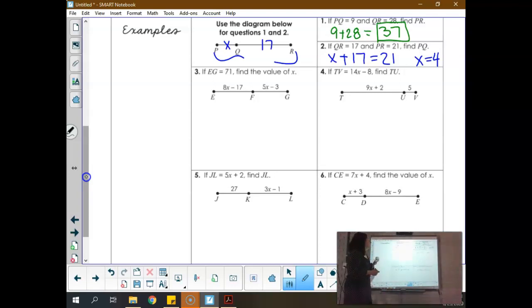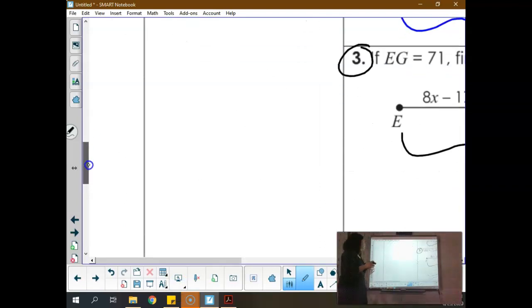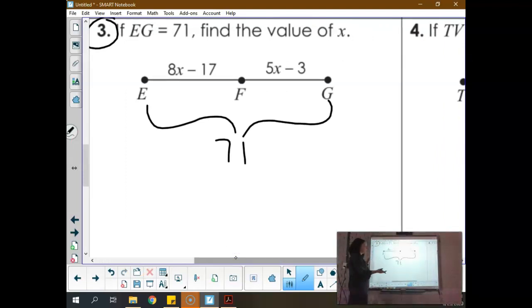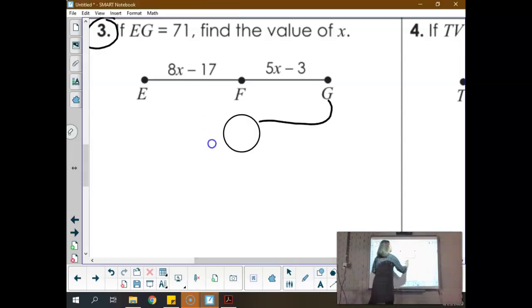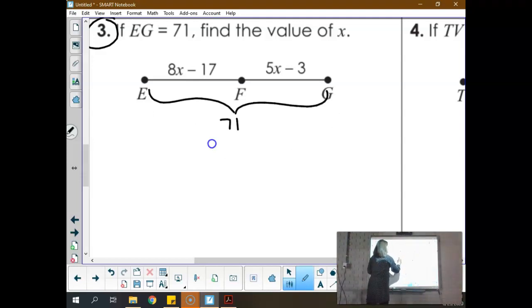All right, so number 3 says, if EG is 71, find the value of X. So we're setting up and we're solving, and I'm actually going to blow this up so we can focus on one problem at a time. So here's 3. When you're setting this up, remember it's part plus part equals whole.